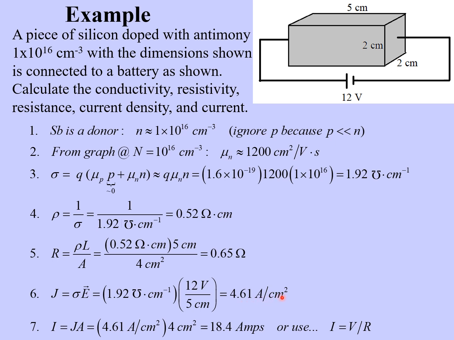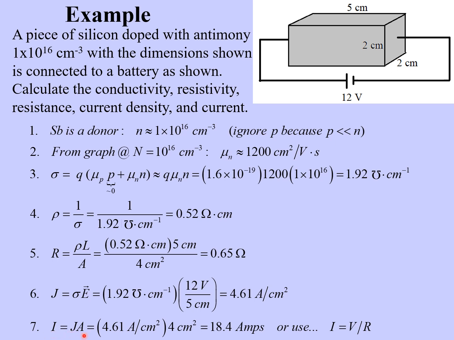Finally, what is the current that flows through this circuit, right? The current's going to go around here from the positive side of the battery through the material and so forth. Well, there's a couple ways to calculate this. One of them is, remember that current is equal to the current density times the area.